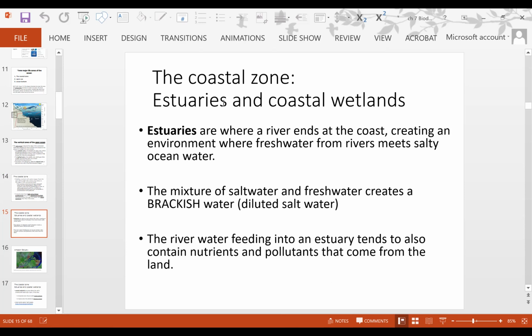Estuaries are where a river ends at the coast, and you have an environment where freshwater and salty water mix. It's called brackish water. So it's like salt water that got diluted. And the river water brings nutrients and pollutants from the land into the estuarine region.